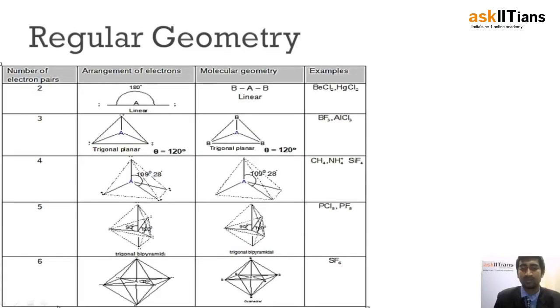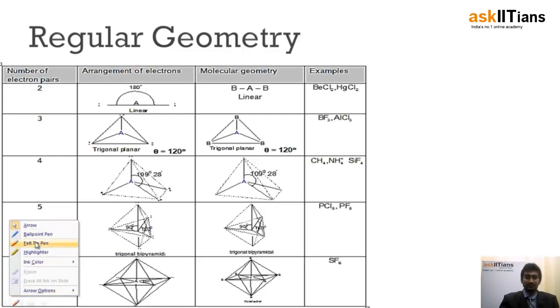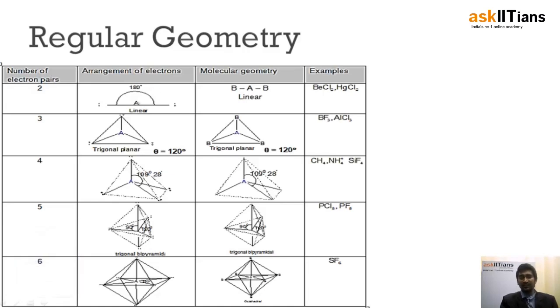So these were some regular geometries which we have discussed. Linear shapes are of BAB type, like BeCl2, HgCl2, or of AB type also. Trigonal planar, these all are regular geometry shapes, like BF3, AlCl3.